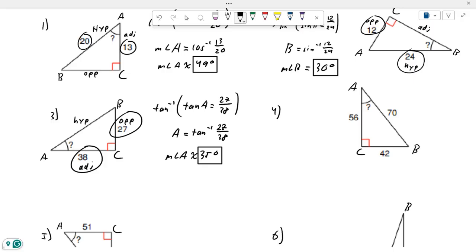Number 4. You might get a little confused by number 4, but I just want to point out that number 4 is actually easier than 1, 2, and 3. With number 4, you're just given extra information. For 1, 2, and 3, we were given 2 sides. Now for number 4, the only thing different is that we're given 3 sides.